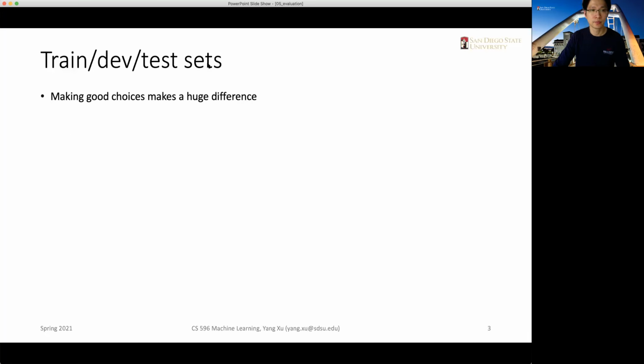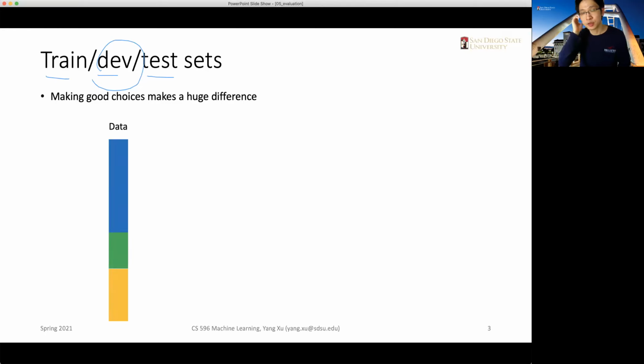All right. Okay. So the splits of training sets, development sets, or this dev set is sometimes called validation sets. Training, dev, and testing set splits is the first step of setting up the machine learning pipeline when you got a lot of data. Okay, so it's important to make a reasonable choice because sometimes the size of different sets will make a huge difference.